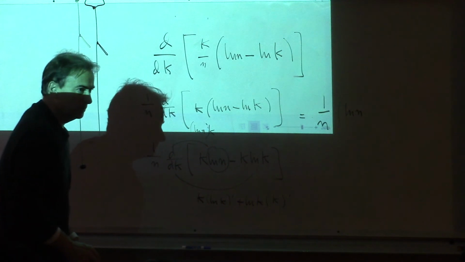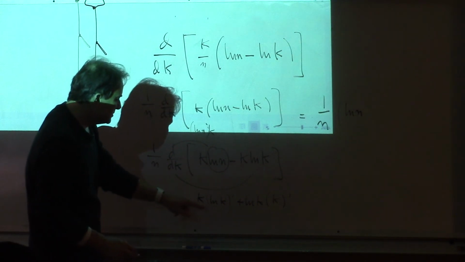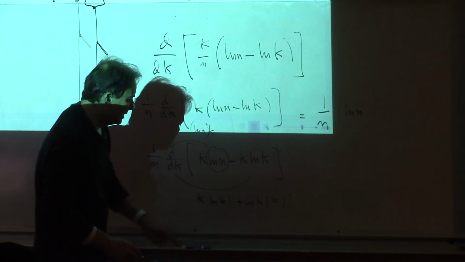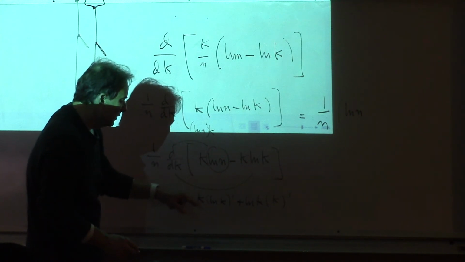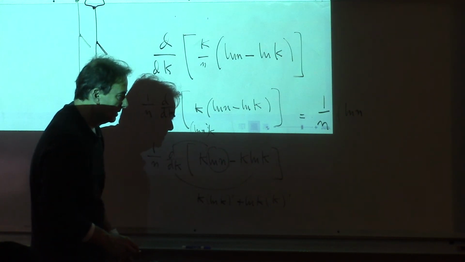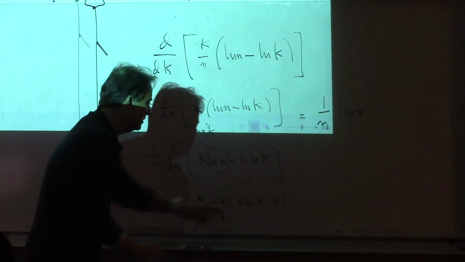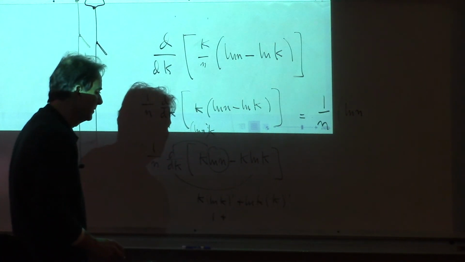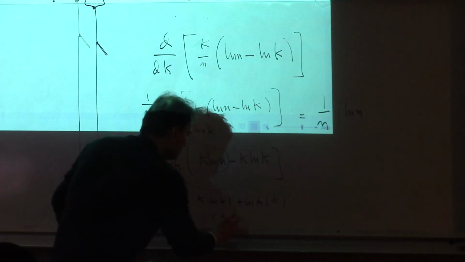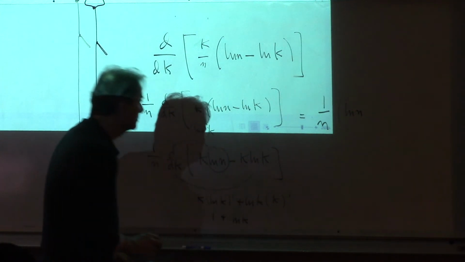That's called the product rule. So what's the derivative of natural log of k? 1 over k. What's k times 1 over k? It's equal to 1. Plus, what's the derivative of k? What's k prime? 1. So it's 1 times ln k. So that's the derivative here.